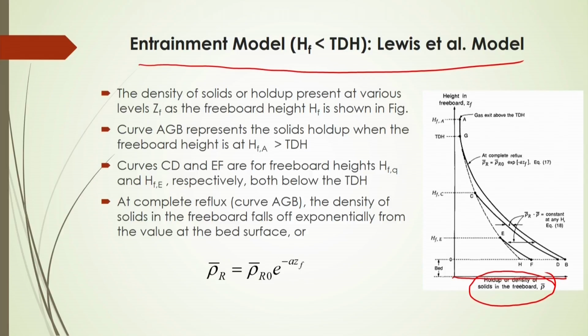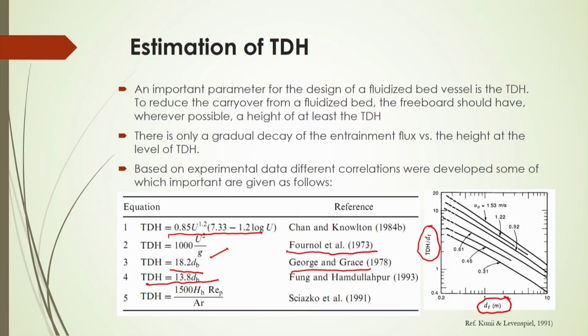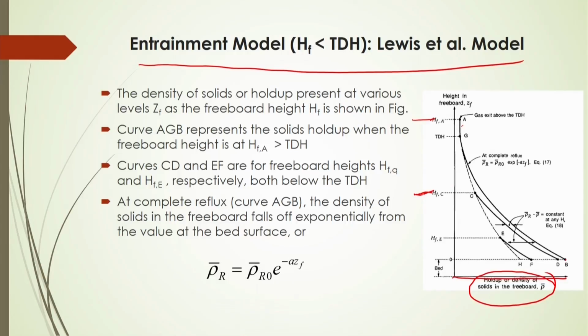In this figure, curve AZB represents the solids hold up when the freeboard height is greater than the TDS, that means the height of the bed up to here. In curve CD, solid particles come out from this location, up to the TDS. And EF are for freeboard heights of HFQ and HFE respectively, both below the TDS.